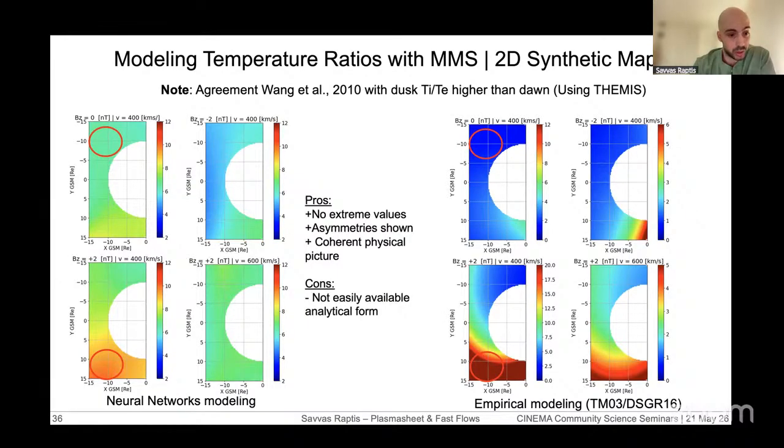For example, at the dusk side, there is an increase in the ion to electron temperature ratio, and also during higher velocities, we also get higher... I think this is wrong actually. This is correct. We get higher Ti over Te on the dusk.